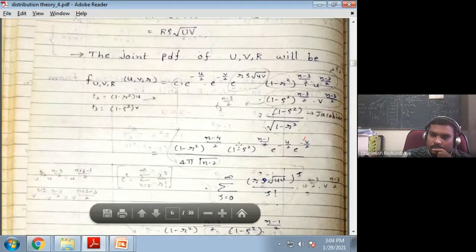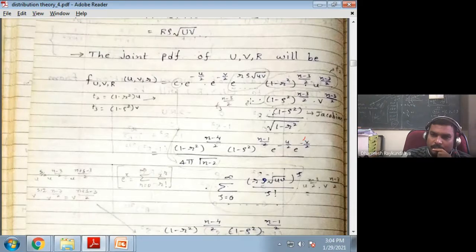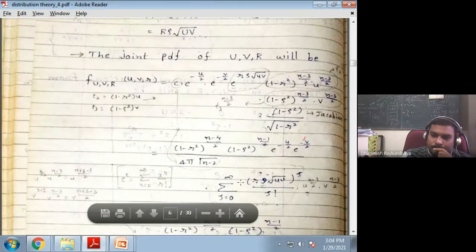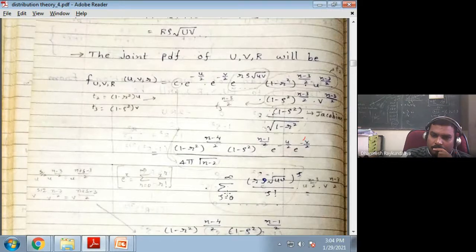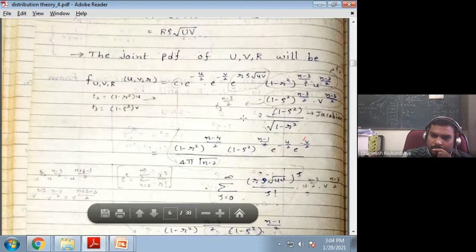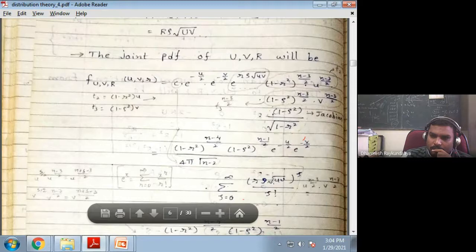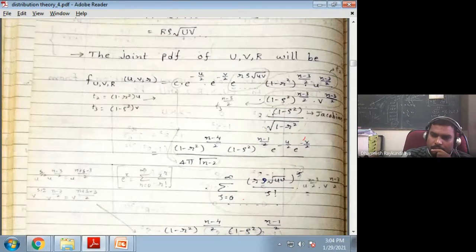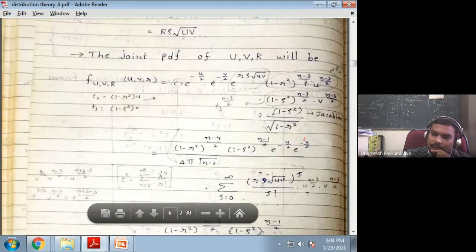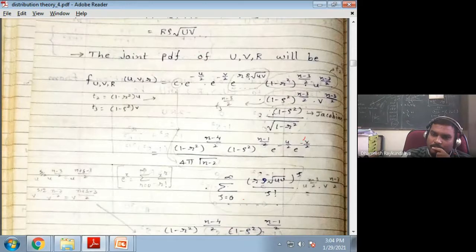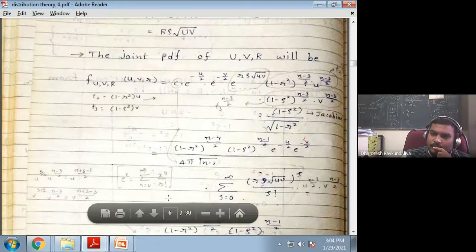So here, if I'm saying it is x, it is a summation, here we say s running from 0 to infinity, so r rho root uv raised to s upon s factorial. I have taken s in place of r, okay. Instead of e raised to x, since r is used here, so x raised to r upon r factorial, this becomes this raised to power s upon s factorial.